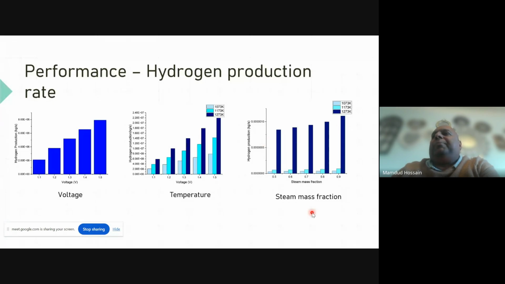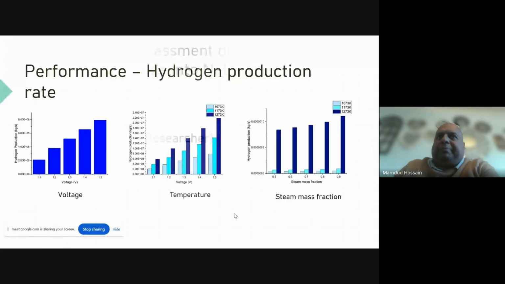So it's better if you have 10% hydrogen and 90% steam going into your system, you get better output, especially at high temperature. But at low temperature there is not much difference in terms of proportion. And if you look at this trajectory, it's not that high either. So you need to have a certain amount of hydrogen mixed with steam going into your cathode channel to initiate your electrochemical reaction.